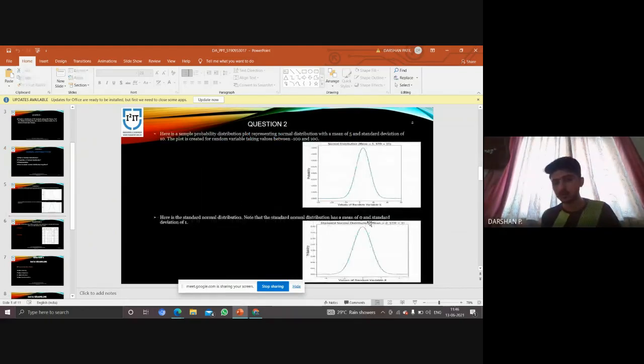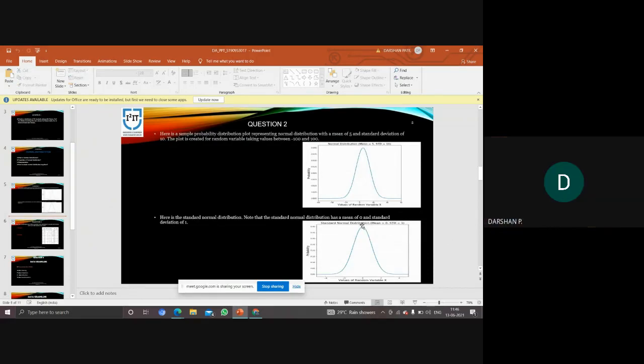So here the mean is 0 and the deviation is 1. The curve is symmetrical at the center. This is the description for that. This is the normal distribution.